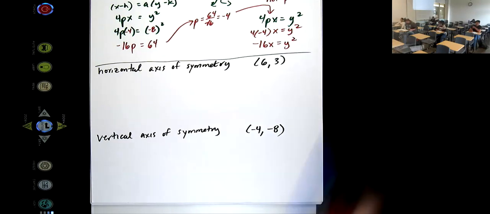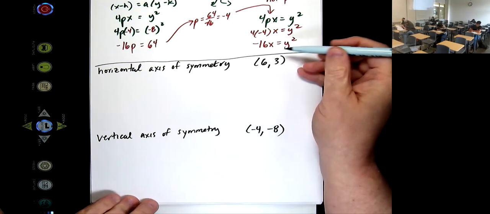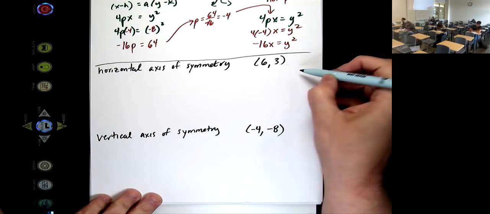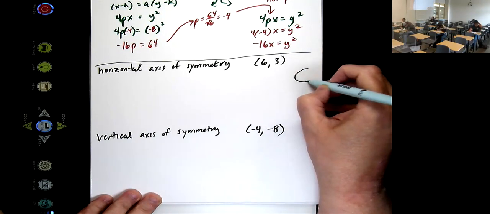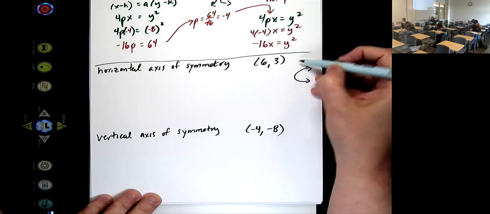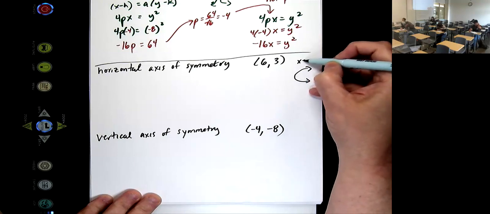All right. Did you guys do this? Horizontal tells me that it's going left and right, and it looks like it's going in the right direction. This is an x equals y squared kind of thing.